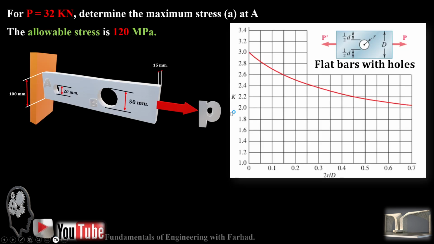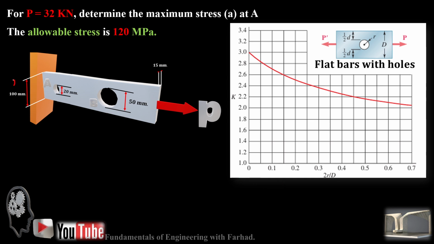Likewise, we need to jump to a chart for a flat bar with holes and read the ratio of the diameter of the hole to the width of our plate, which is provided here.